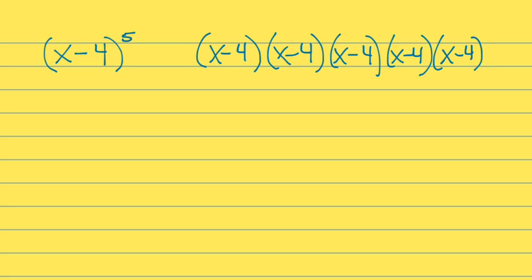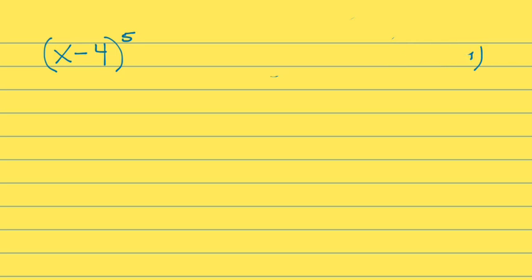And then you would have to FOIL these first two, whatever your answer is, then you would have to distribute it there. And it gets to be a lot real fast. So the whole goal of what they discovered is that we can use the binomial expansion theorem from Pascal's triangle, and rather than having to multiply and then multiply and then multiply, we know those predetermined coefficients that belong in front.